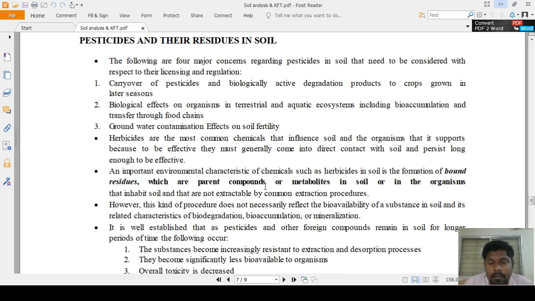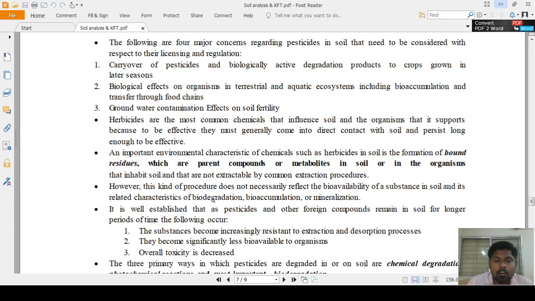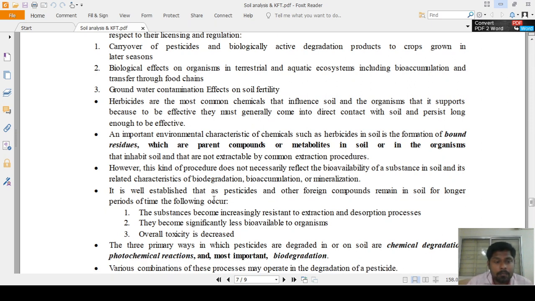These are parent compounds or metabolites in soil or in the organisms that inhabit the soil and that are not extractable by common extraction processes. They are not easily removed from the soil. However, this kind of procedure does not necessarily reflect the bioavailability of a substance in soil and its related characteristics of biodegradation, bioaccumulation, or mineralization processes.